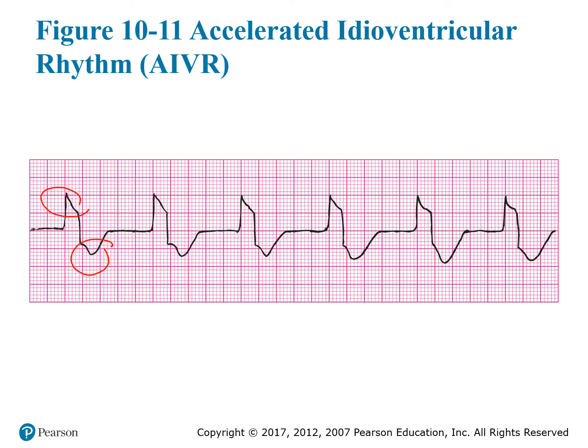You might have a couplet, whether it's two PVCs back to back, and they can be either unifocal or multifocal. You might have a PVC that shows up every other beat, which would be a bigeminy PVC. Or you might see one that appears every third beat, which is a trigeminy PVC. And then you might see one every fourth beat, which is a quadrigeminy PVC.